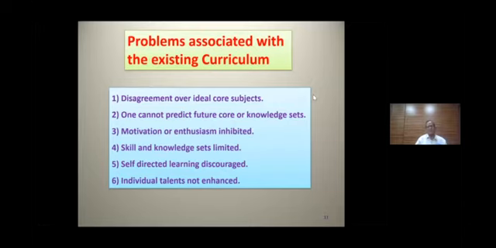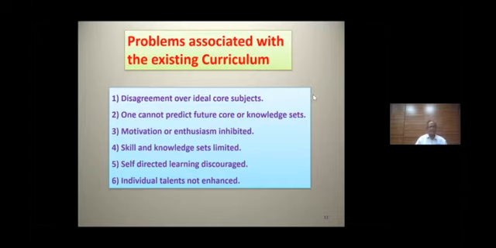What is the point in taking that book as the core topic, and then what is the point in discussing it with students? Therefore, it is not advisable to go for predicting the knowledge sets. There must be some opening depending on the requirement and need. Students must be allowed to select the subjects after registration.